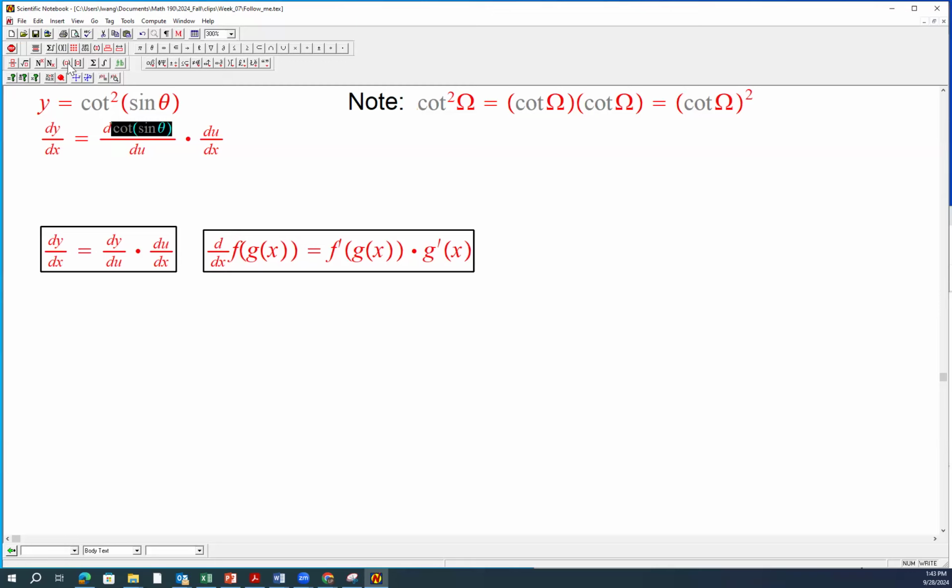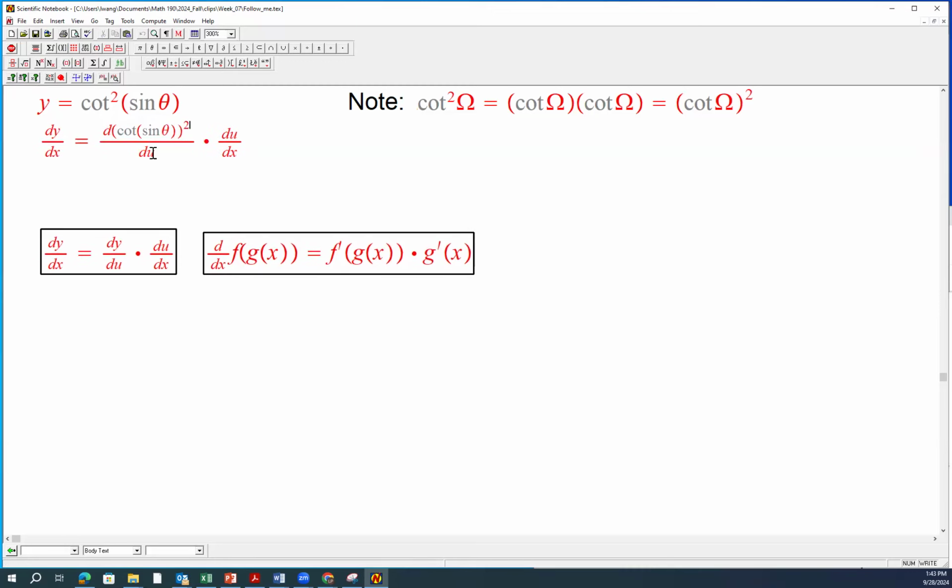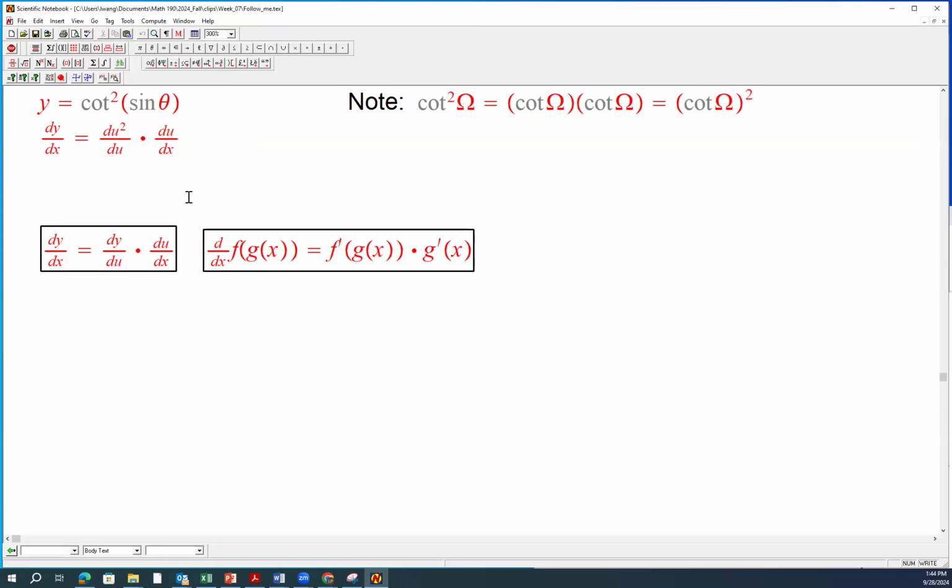This is the piece. So we're differentiating that. Our u is this piece, and the u is that. I want you to understand that.